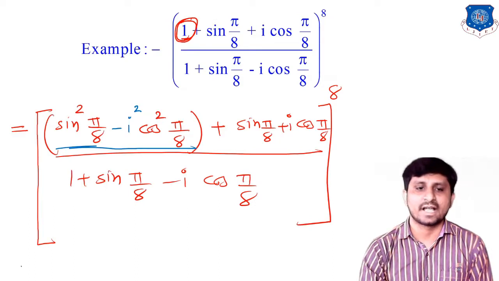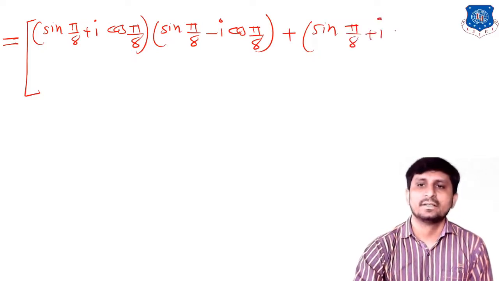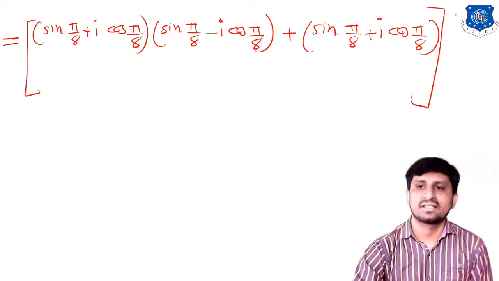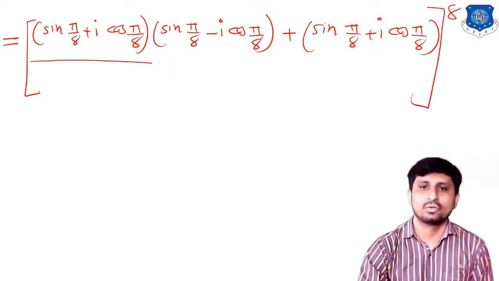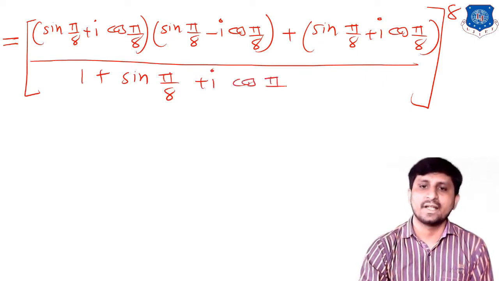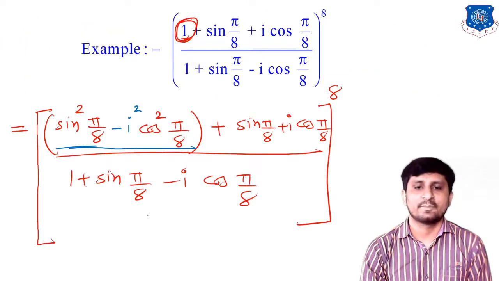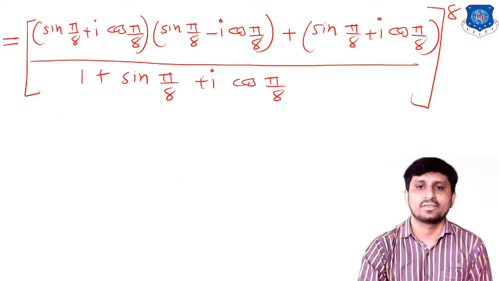Sin pi by 8 plus i cos pi by 8, raised to 8 is already there, and in the denominator we have, I think, 1 plus sin pi by 8 plus i cos pi by 8. Am I correct? Let me show you. 1 plus sin pi by 8 minus i cos pi by 8. So here we have a minus sign, not a plus sign.